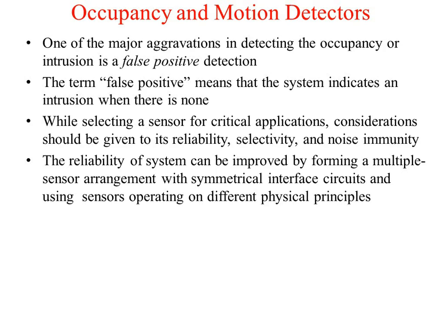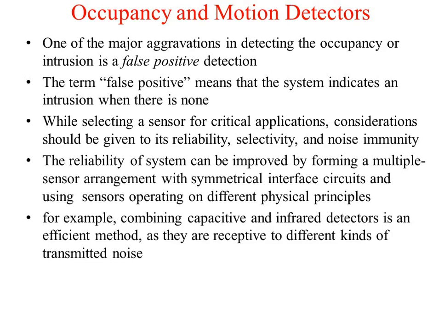They work on different principles, and these can be implemented in a multiple sensor arrangement so that we do not have a false positive. For example, we can have capacitive and infrared detectors used together to handle different kinds of transmitted noise.